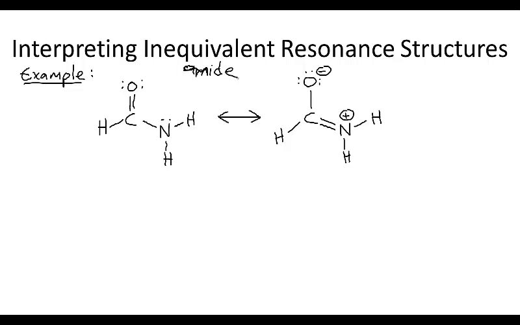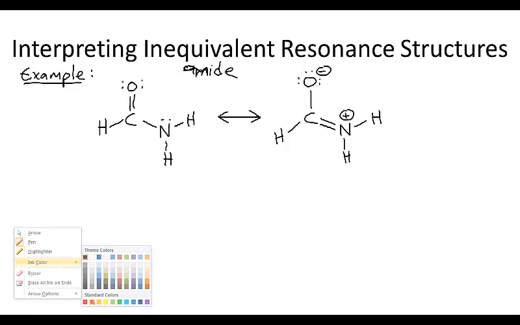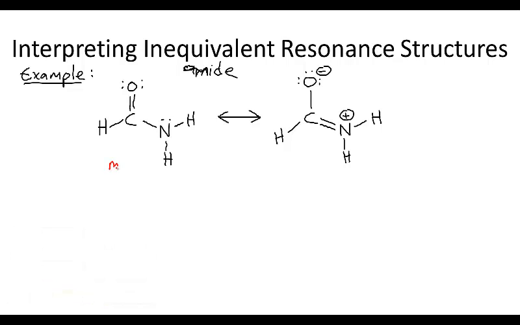All right, so I go to rule number 2. Rule number 2, minimize formal charge. Is there a difference there? Definitely. So this structure on the left is going to be the more stable resonance structure. This one on the right is going to be less stable because it has non-zero formal charges.